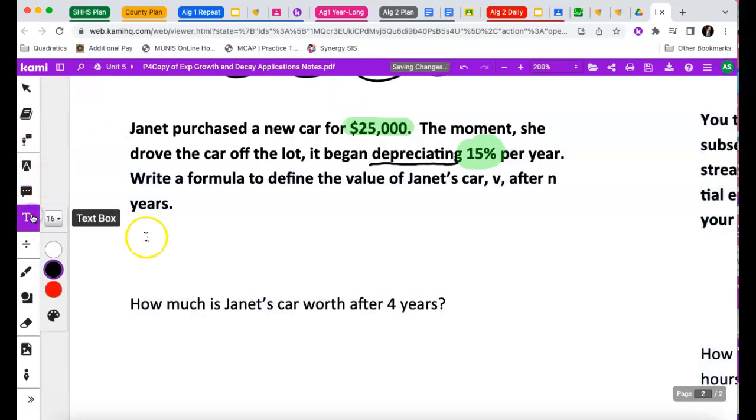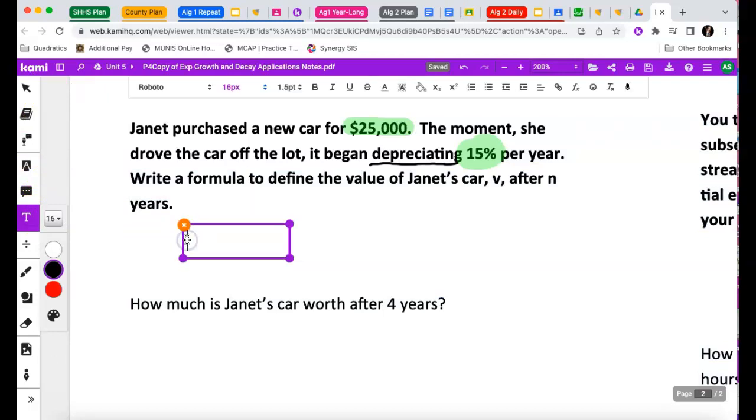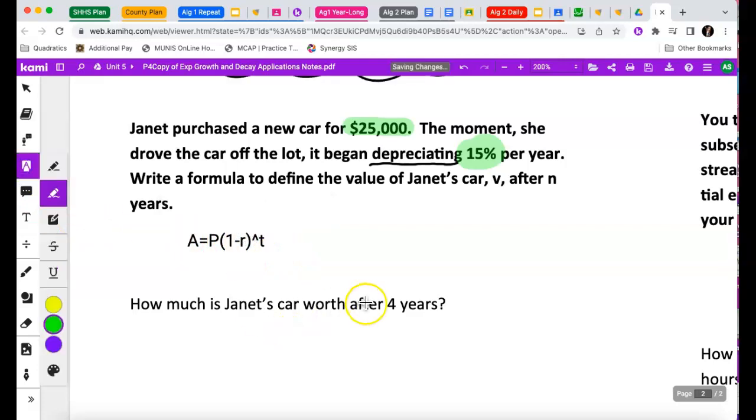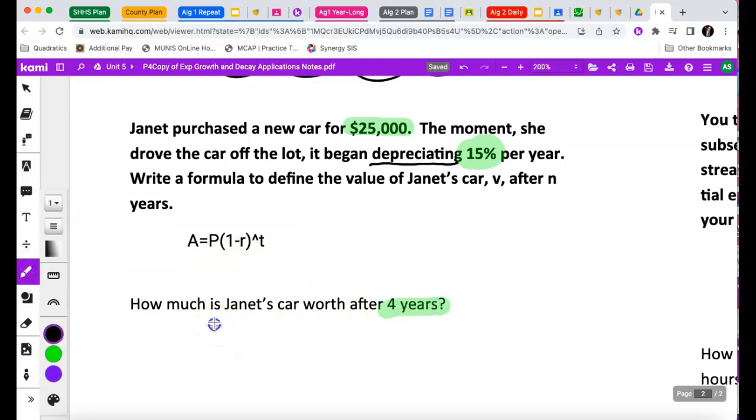All right, so we're going to use our formula. So A is equal to P, 1 minus the rate to the T power. And then we want to know what it's going to be worth after 4 years. So we have A is equal to, our initial amount is $25,000. 1 minus, so 15 divided by 100.